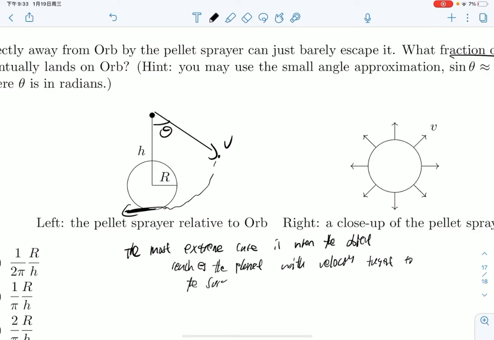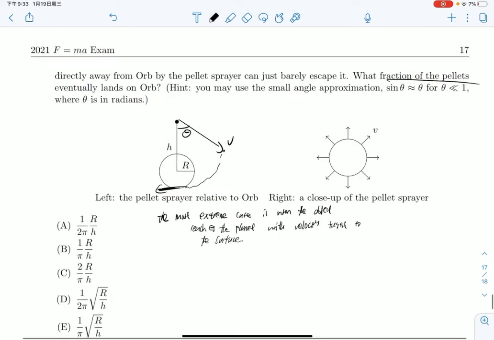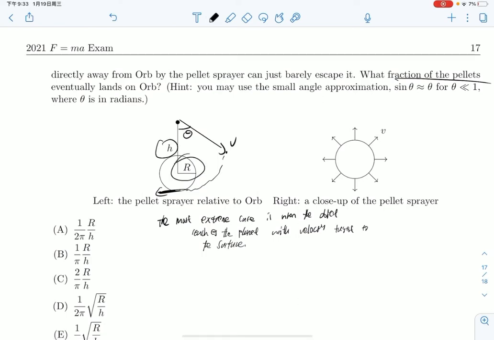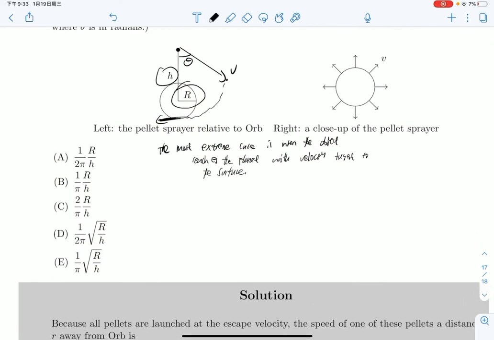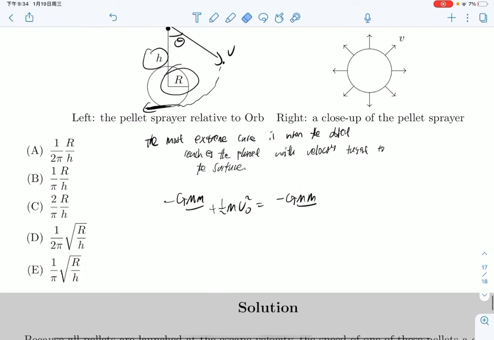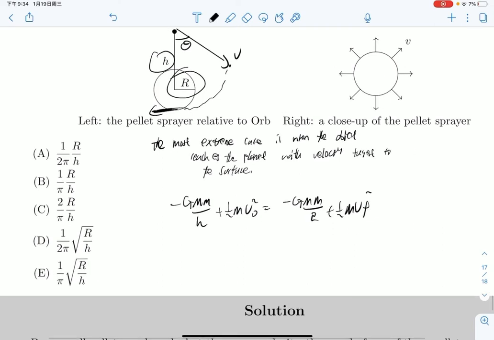And we assume that h is much larger than r, so now, using the conservation of energy, you'll have G big M small m divided by h plus 1/2 m v squared is equal to G big M small m divided by r plus 1/2 m v final squared. And from conservation of angular momentum, you'll have v sine theta times h is equal to v final r.